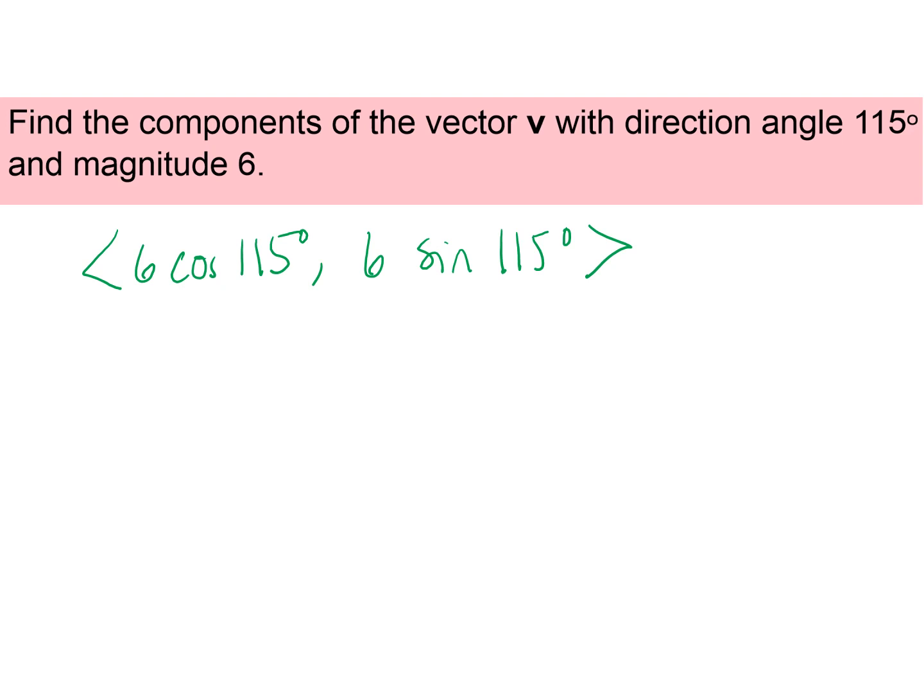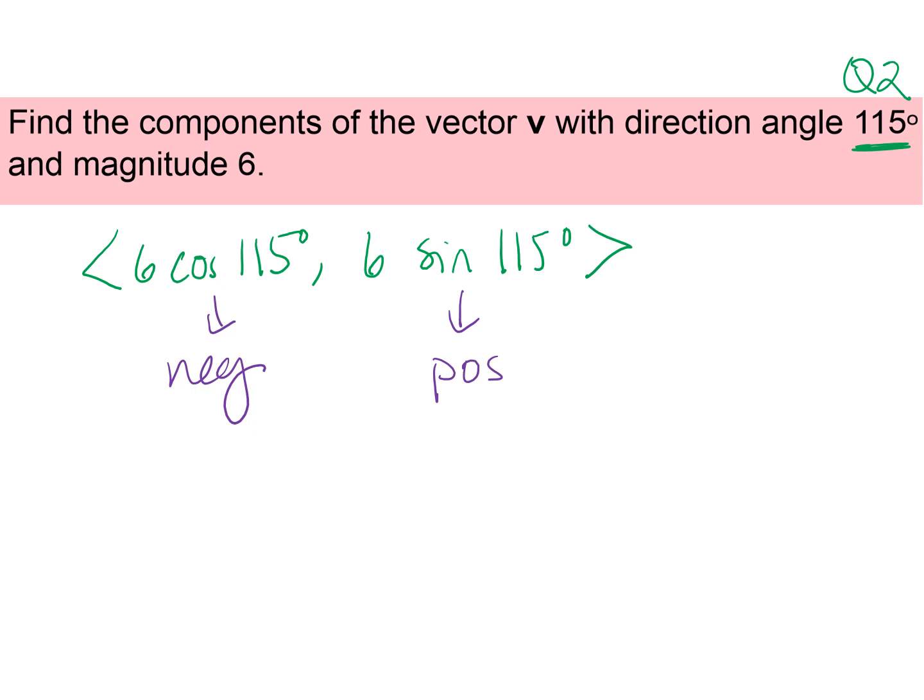But one thing that you can think through before you even plug it into your calculator, again, just to check yourself, think about 115 degrees. On my unit circle, 115 degrees would be in quadrant 2. So I know that if I plug this into my calculator, the cosine of 115 is going to be a negative number, and the sine of 115 is going to be a positive number.